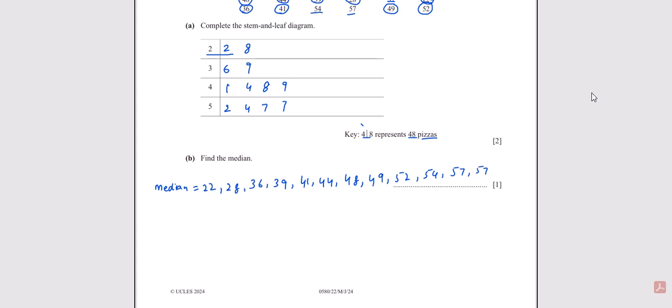So make pairs, 2 from left and 2 from right. This one and this one are cancelled with each other. This one and this one.